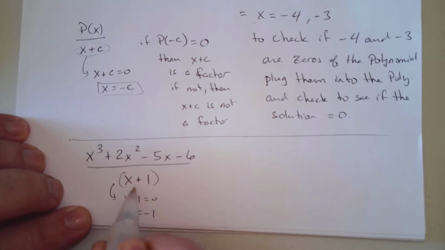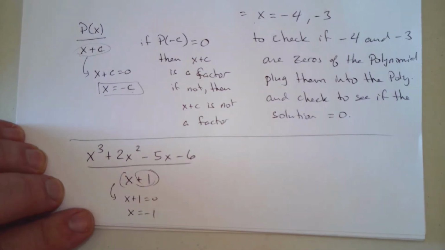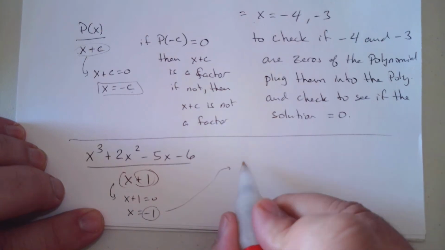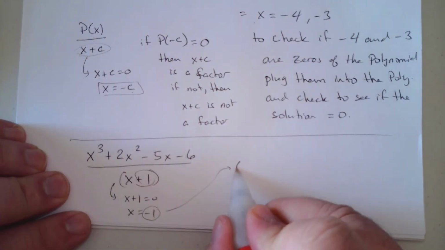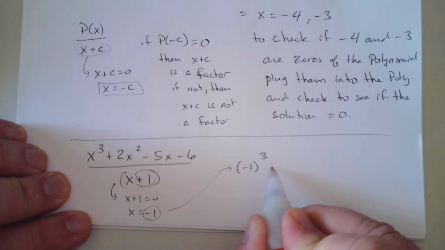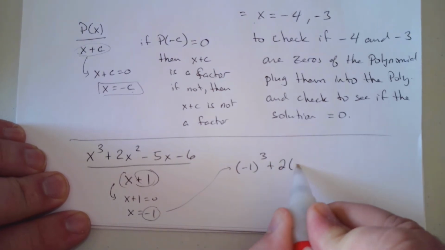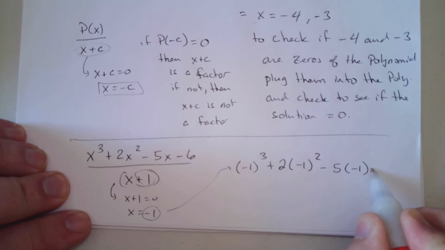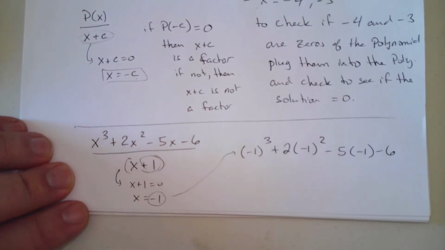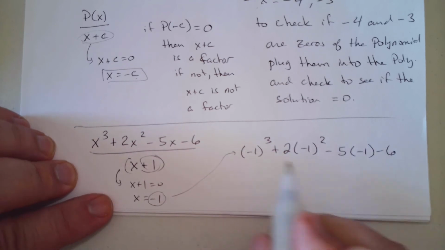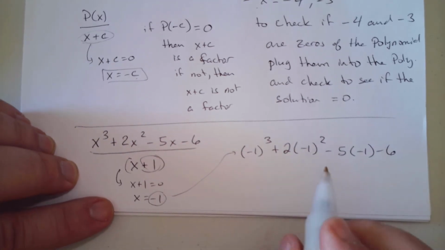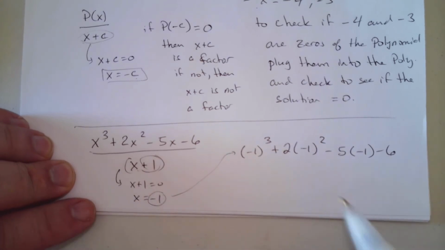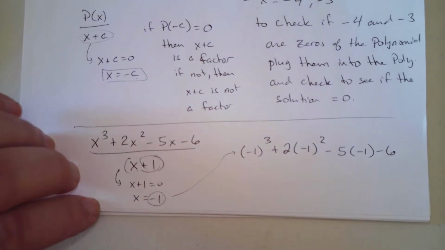We get negative 1, obviously, but that's opposite sign. If we take this negative 1 and plug it in the original equation, let's see what happens. If it equals 0, then we know that this is a factor, and we can go on. If it's not 0, don't waste your time.